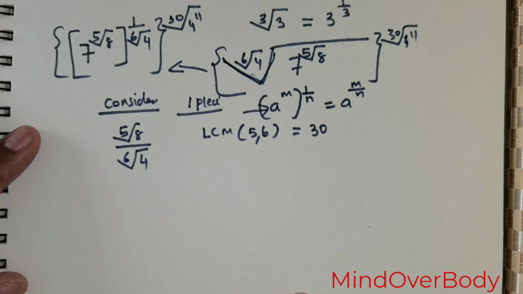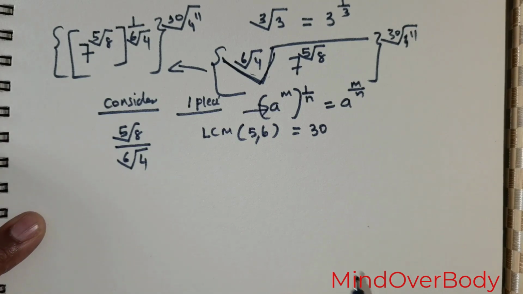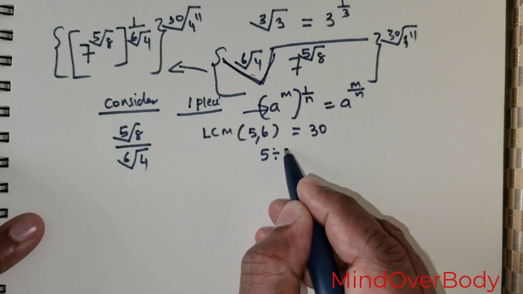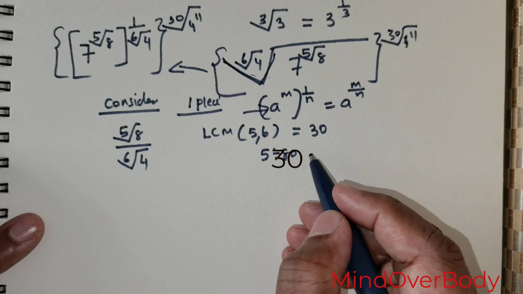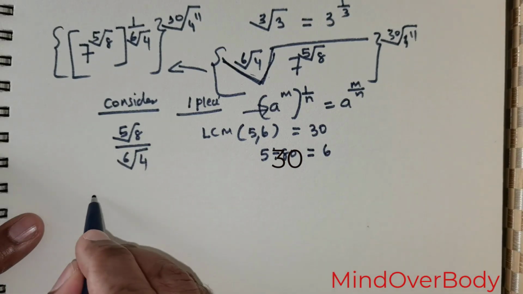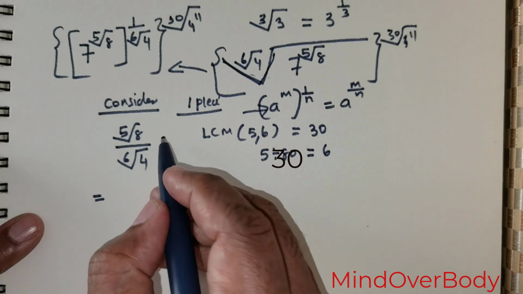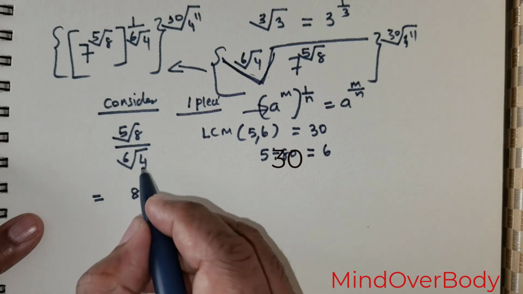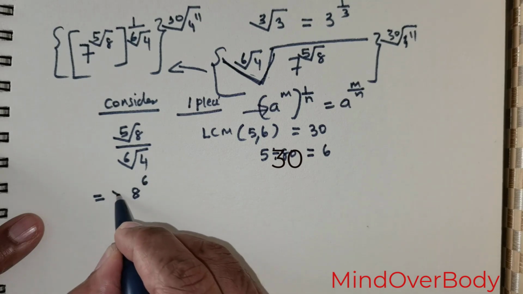Next, I would want to find out by how many times 5 can divide 30. 5 divides 30 6 times. So this is going to be rewritten as 8 raised to the power of 6 with 30 being present in the wedge.